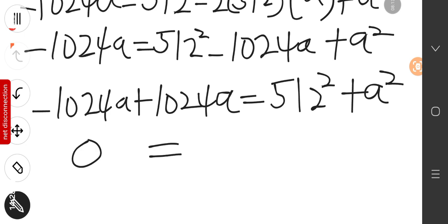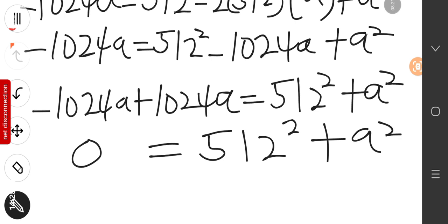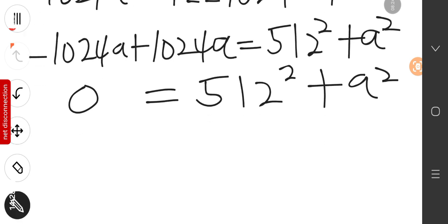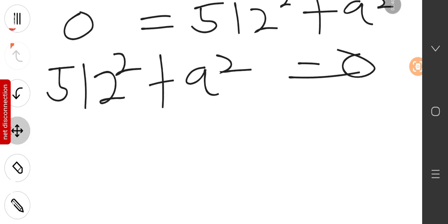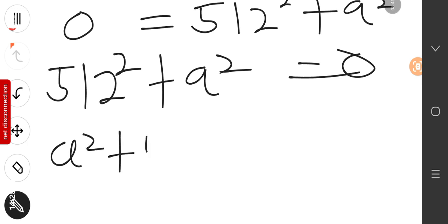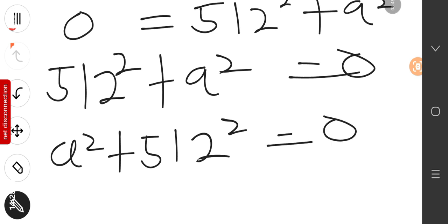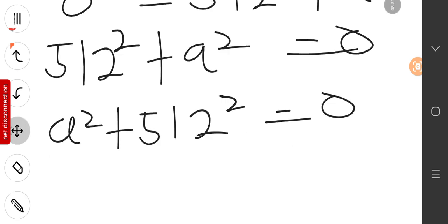So we have 0 equals 512 squared plus a squared. We can write the equation in another way. You're going to have 512 squared plus a squared equals 0. This is the same as a squared plus 512 squared equals 0. Now let's make a squared the subject of the equation.